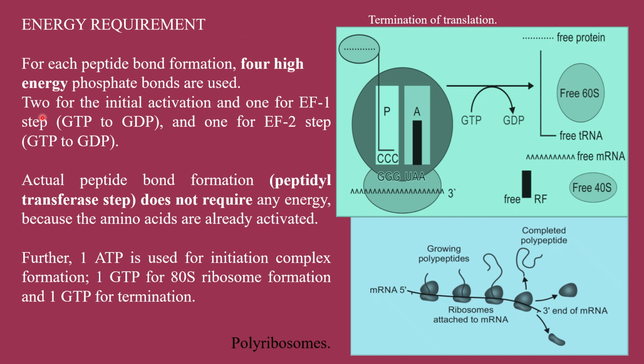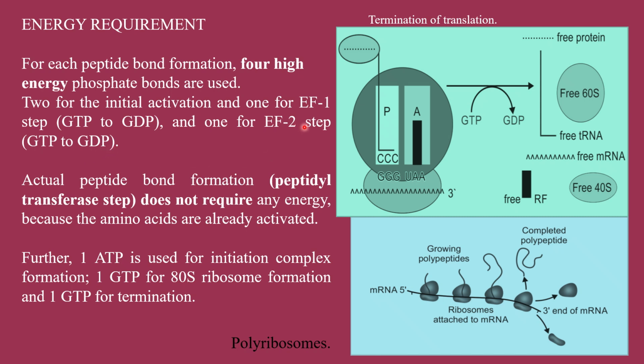Remember, 2 for the initial activation of the amino acid, from ATP to AMP conversion, that is equivalent to an investment of 2 ATPs, then 1 for elongation factor 1, where the GTP is lost to GDP, and 1 for the EF2 step, where the GTP is lost to GDP.